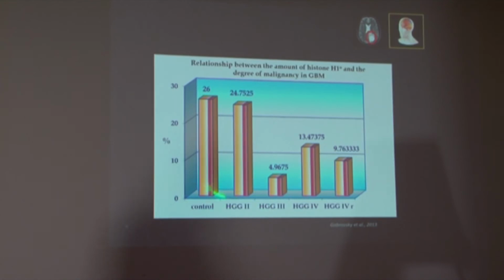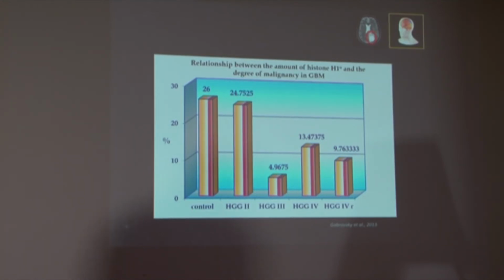As you can see, there are different grades of the disease, and different grades possess different percentages of this histone, where 100% is the whole H1. And these different percentages are showing the quantity of H10.